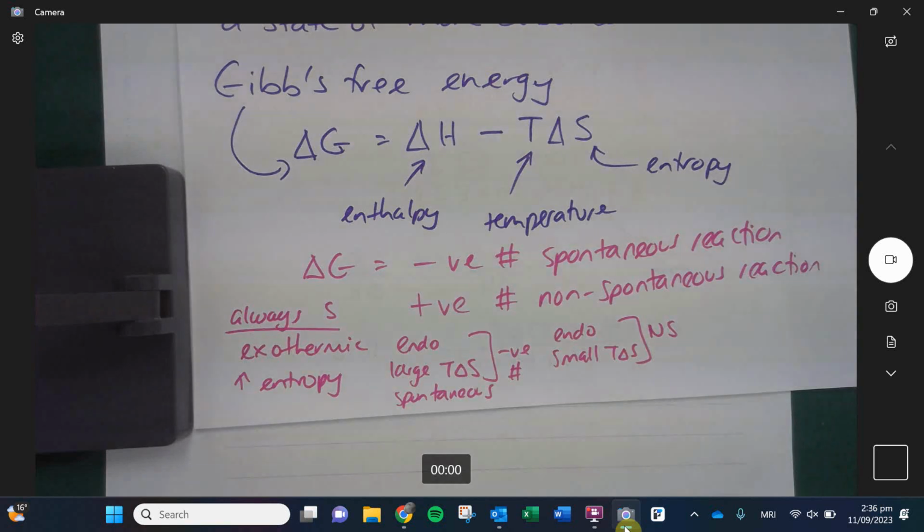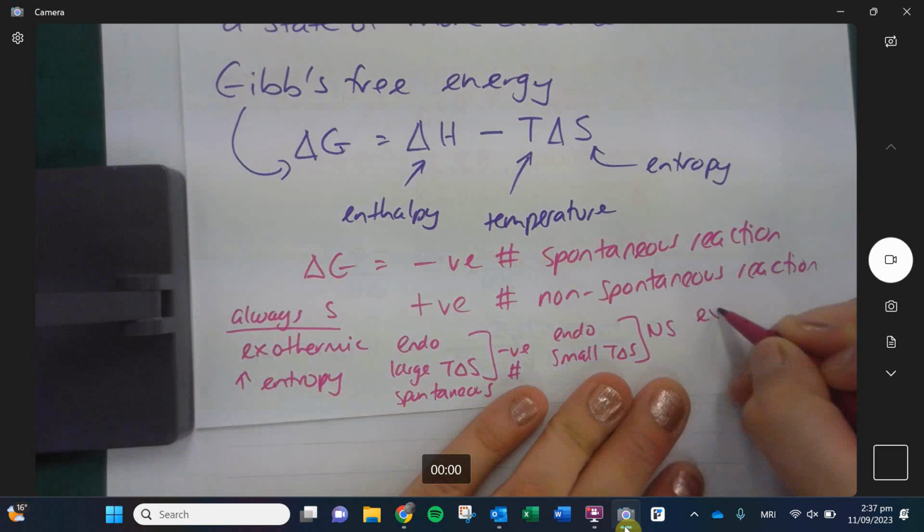And I'm trying to think what's the last one. Exothermic with a small amount of entropy. Yeah, that one was the last combination. So I could have an exothermic reaction.